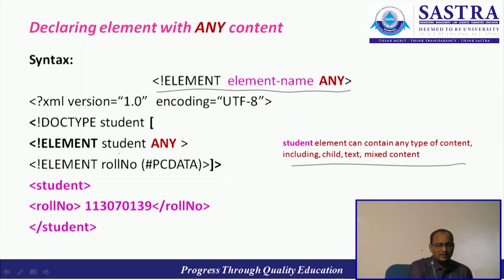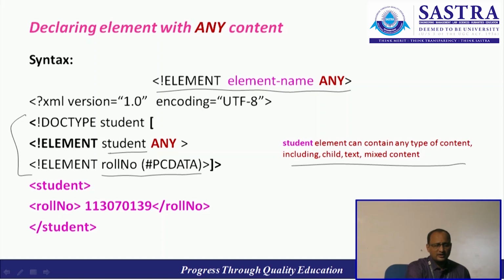In this example, the student element has been declared with ANY. I have given the element roll number. As per this DTD, the roll number is not specified as child or parent of any other element, but I have given roll number which is going to carry text.